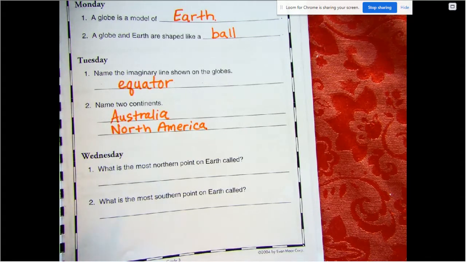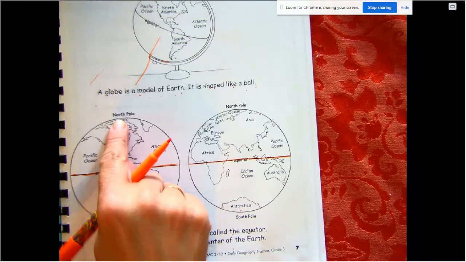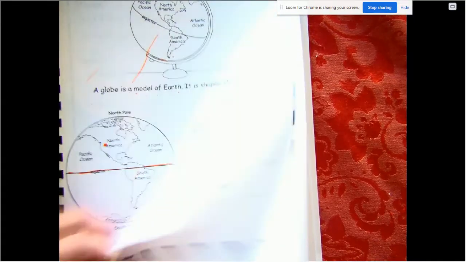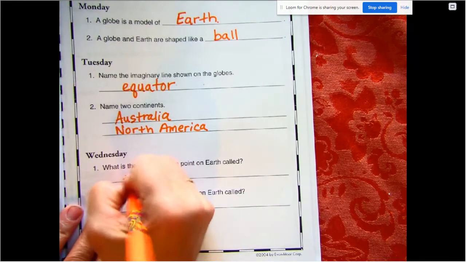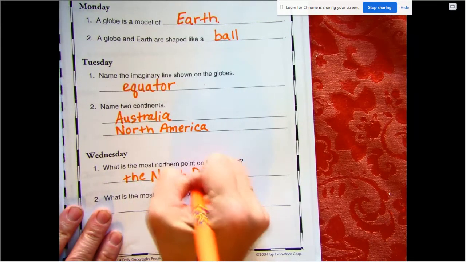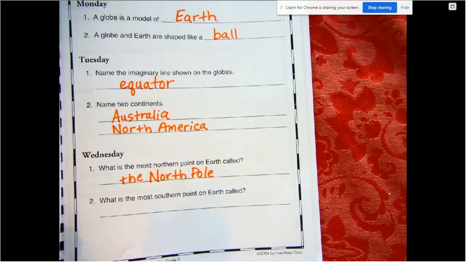All right. For Wednesday, what is the most northern part of Earth called? The most northern part of Earth is called the North Pole. Okay. What is the southernmost point on Earth called?